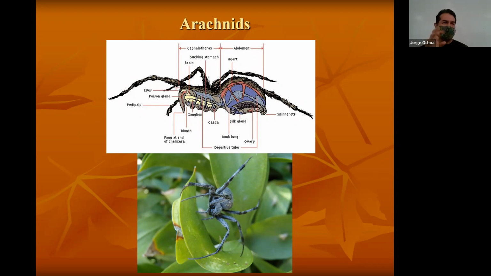So they don't really chew, they don't have jaws. They're going to consume a liquid diet of digestive insect or digestive things inside them. And then spiders are going to have 8 legs as opposed to 6 for insects. So that's going to be the big difference.